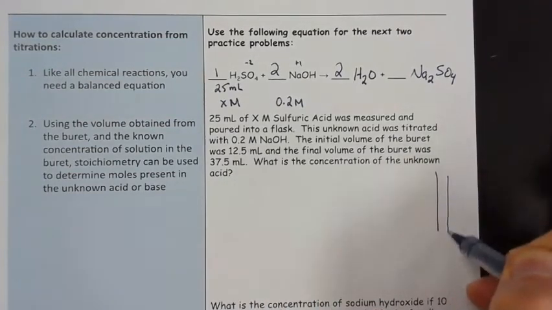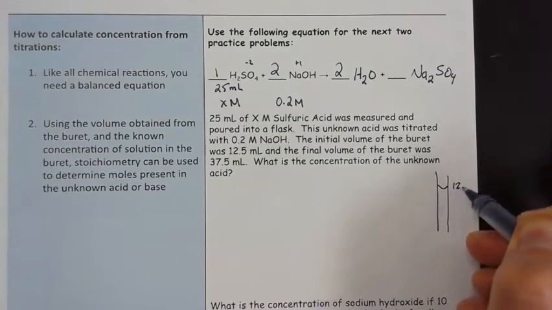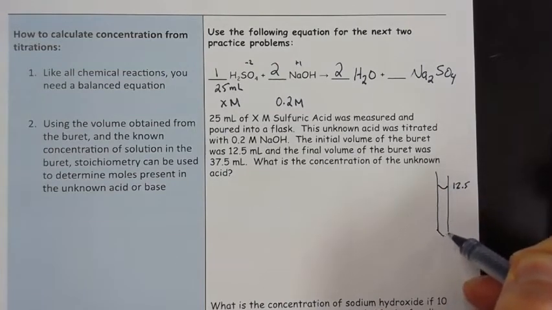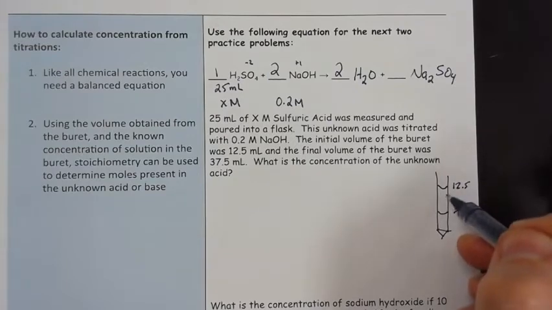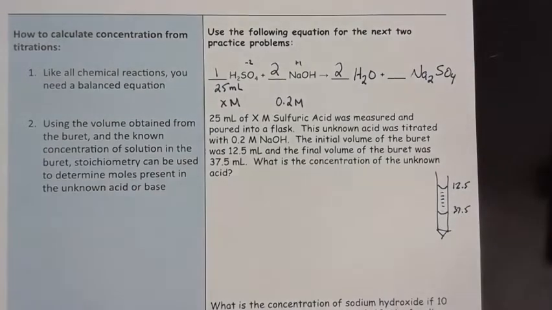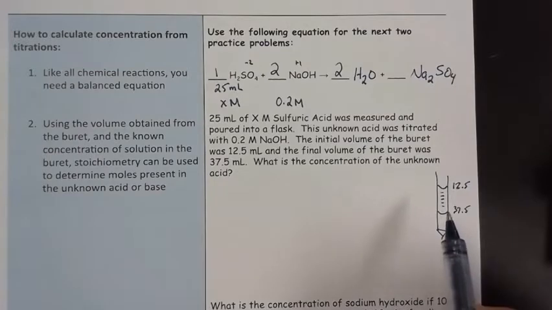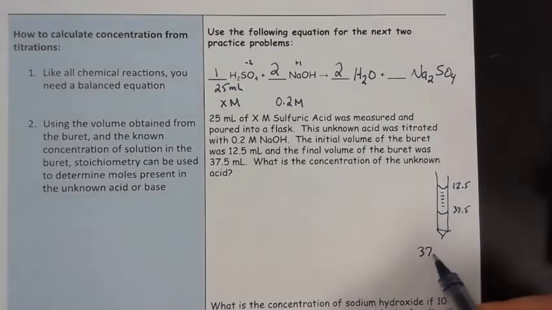So in our burette, we started here at 12.5, and then somewhere down here we ended at 37.5. So really what we're calculating is what was that volume of liquid that's no longer present inside the burette. So the difference, 37.5 minus 12.5, winds up equaling a nice even 25 milliliters.